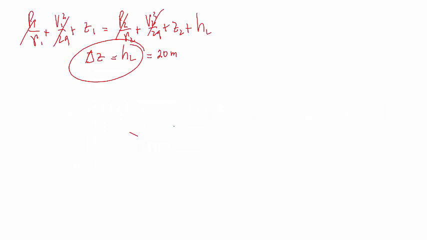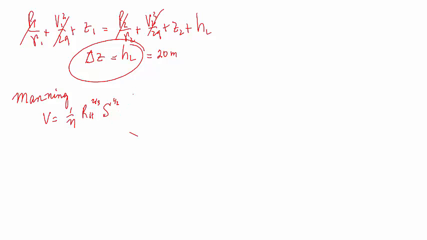So let's do Manning first. V equals 1 over n, because it's metric, times the hydraulic radius to the 2/3, times the slope to the 1/2.